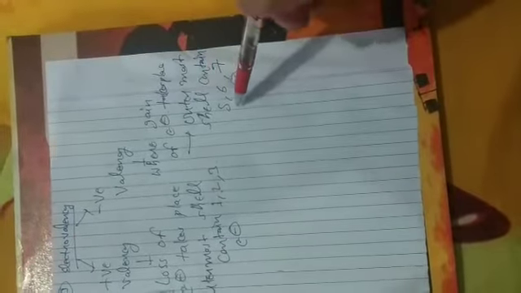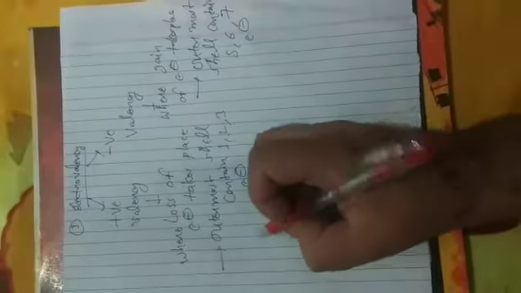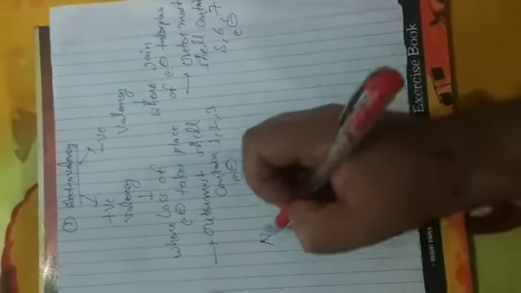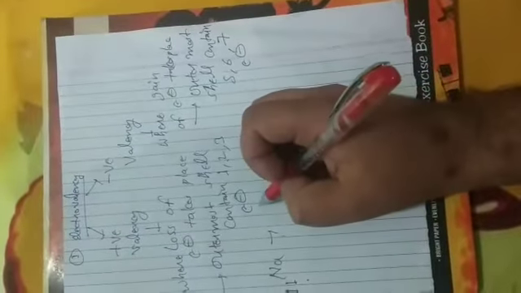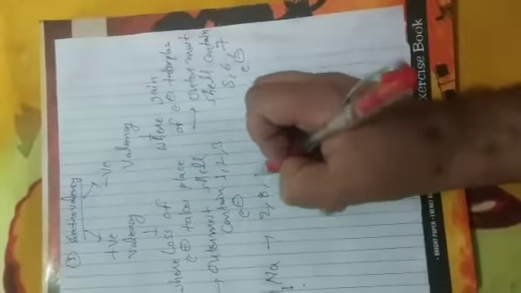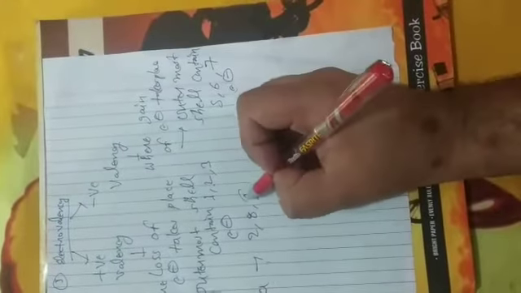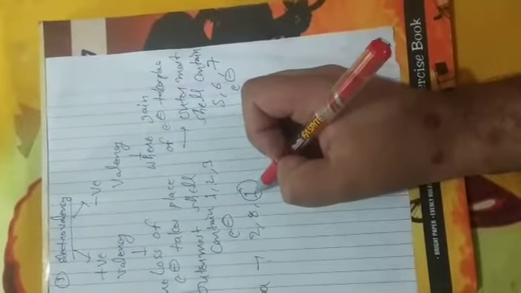Next, gain of electron takes place where the outermost shell contains 5, 6, 7 electrons. Suppose in case of sodium, the atomic number is 11. I mean 11 electrons are present in the sodium atom, 2, 8, 1. So in the sodium atom 1 electron is the outermost electron.